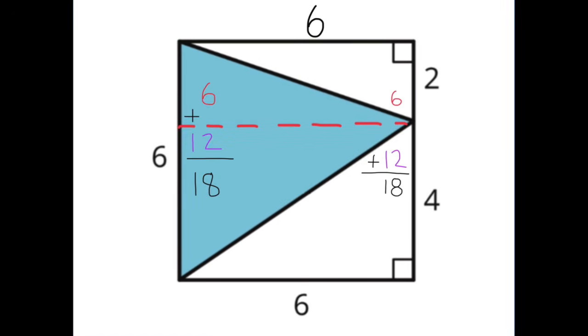The entire shaded region would be 6 square units plus 12 square units, which would equal 18 square units. The area of the white region would also be 18 square units. 18 plus 18 is 36 square units, which is the area of the entire square. 6 times 6 would be 36 square units.